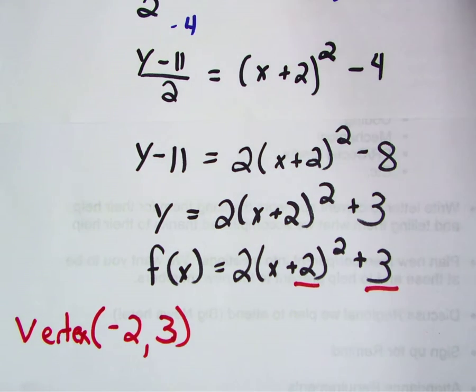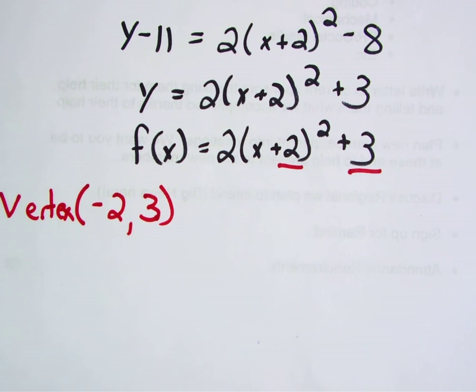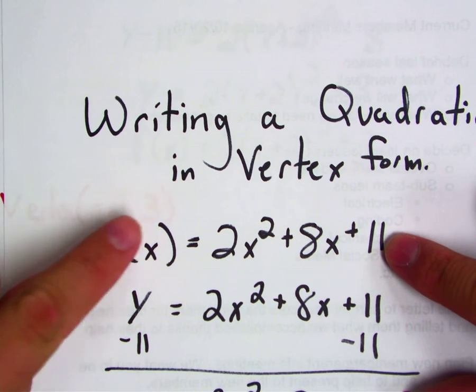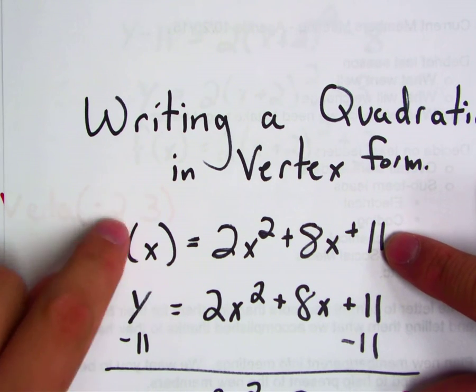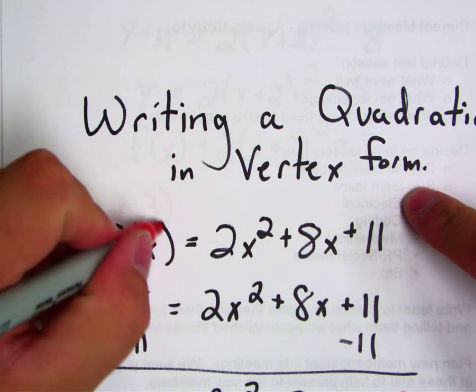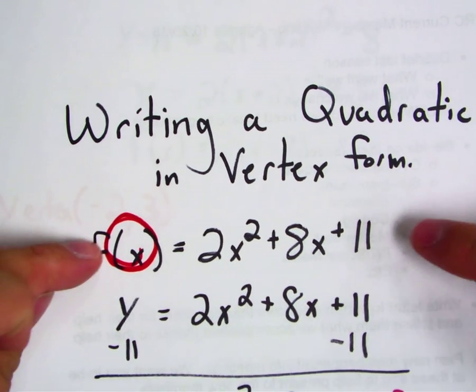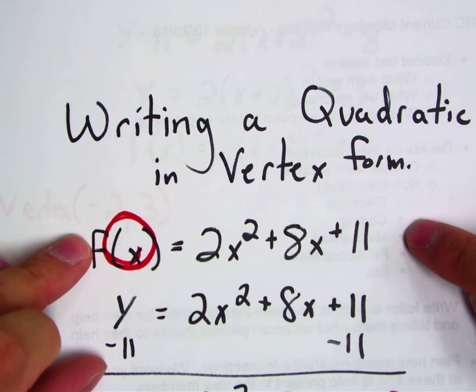Other things that I can do in this form that I can't do as easily in the standard form is finding the x-intercepts, or the zeros of the function. So if I have an equation in standard form and I want to find the zeros, remember we're replacing the y value with 0. And if you recall, Algebra 1 says if I have a quadratic equation and I want to solve that, I have some options.